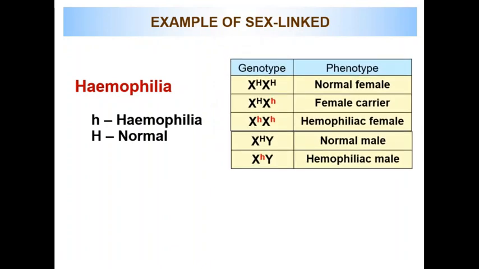Therefore, males usually suffer the effect of sex-linked recessive disorder, since they only have one X chromosome, while a female has another X chromosome, and that chromosome may contain a dominant allele that may reduce the effect of the recessive allele.